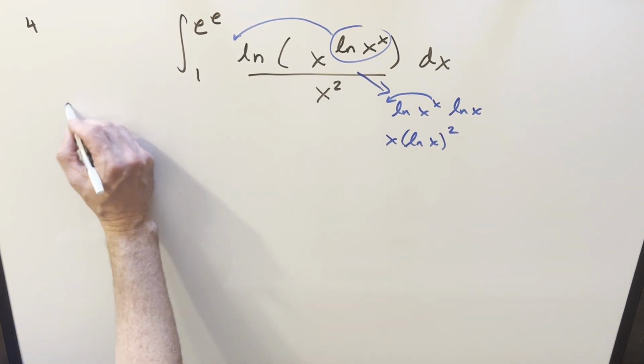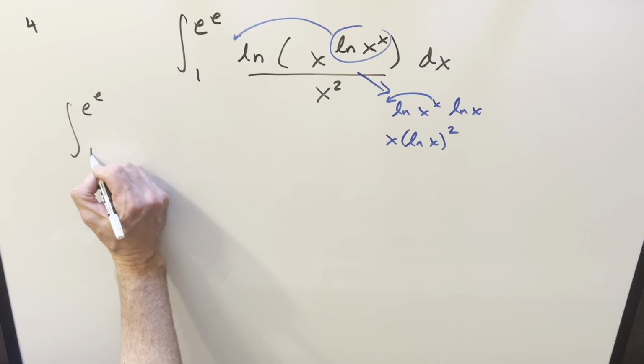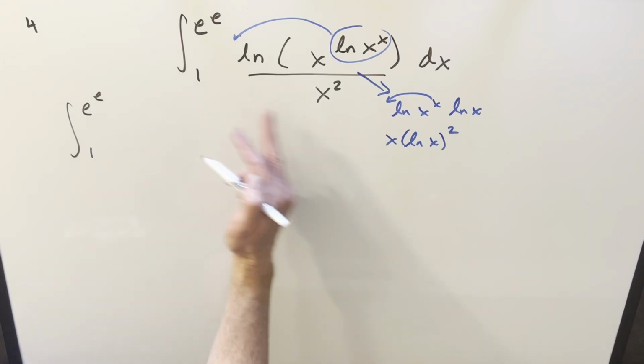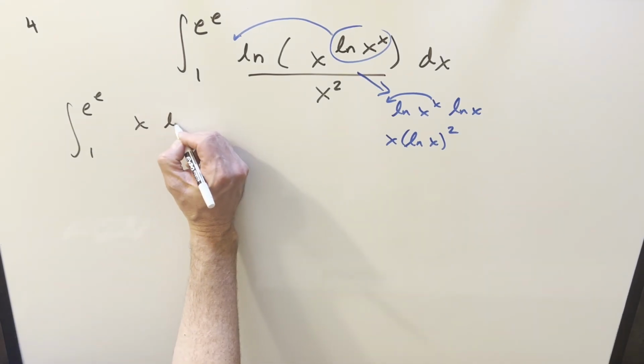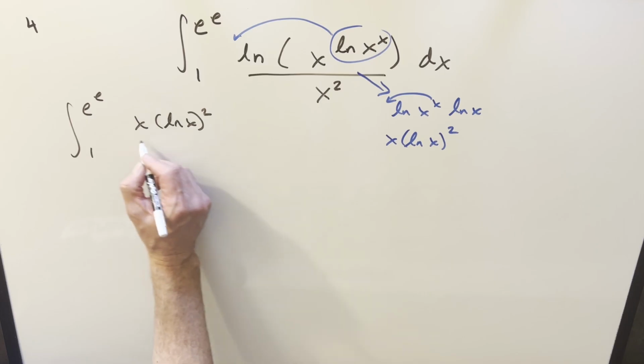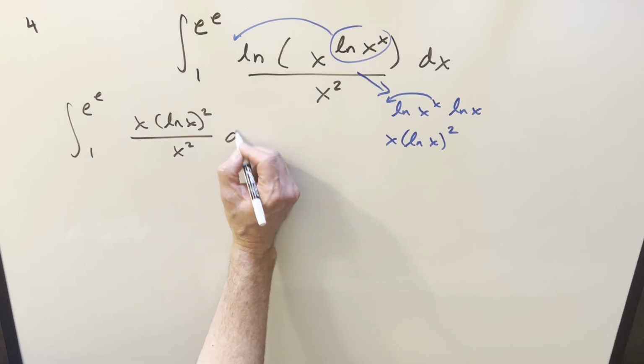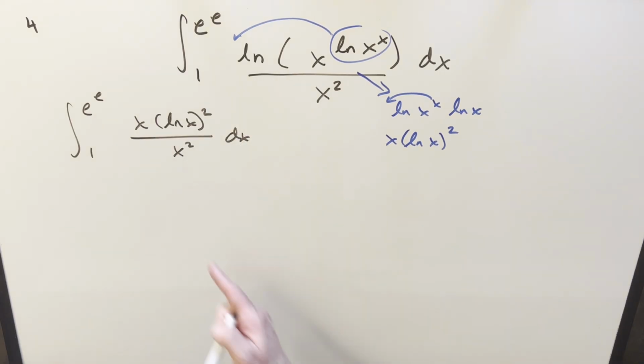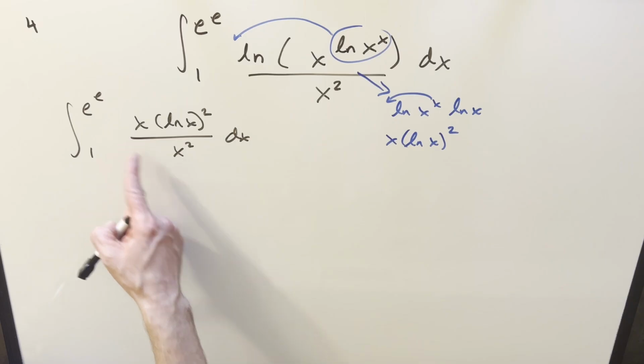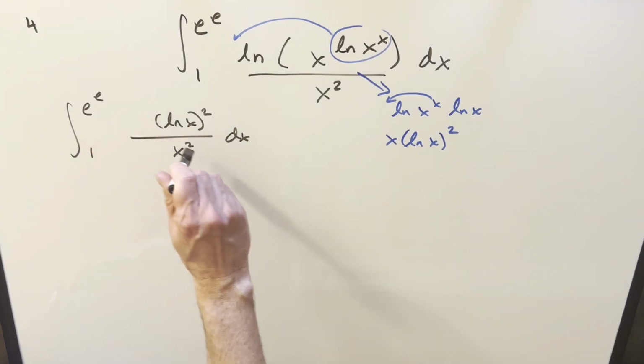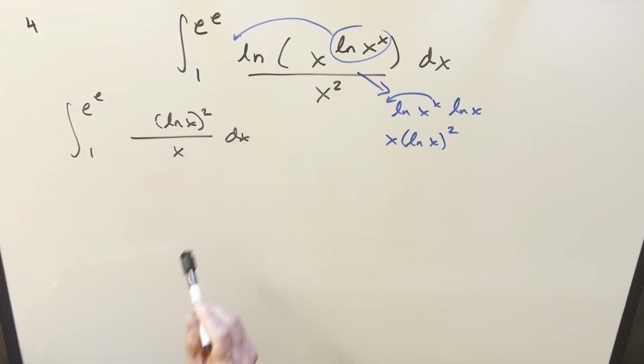So when we put this back into the integral, we have this x out front, so it's x ln x all squared over x squared dx. But I can cancel 1 x with 1 x here, so this becomes just 1 over x.